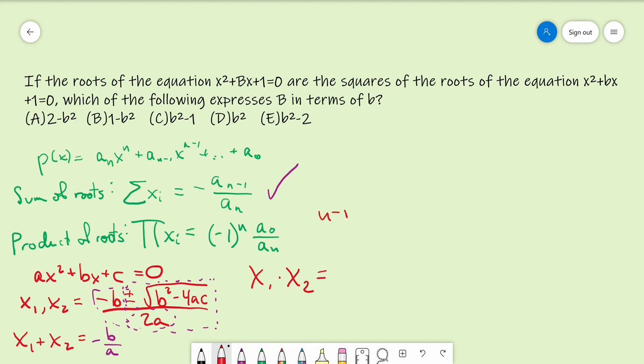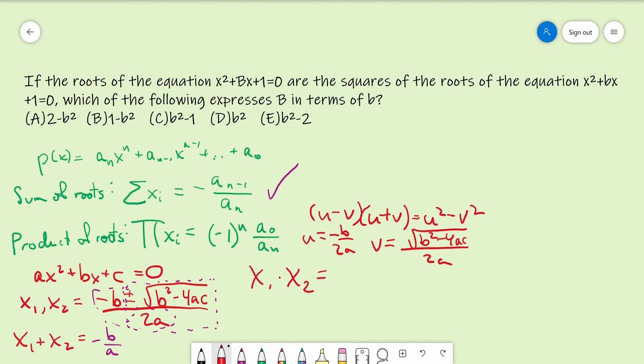I'll just remind you that u minus v times u plus v is equal to u squared minus v squared, where in our case u is going to be negative b over 2a, and v is going to be this whole thing, the square root of b squared minus 4ac over 2a.